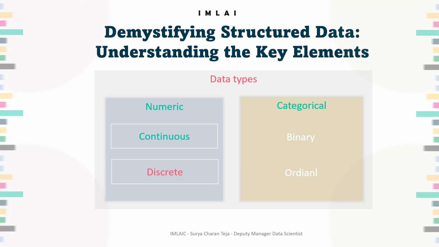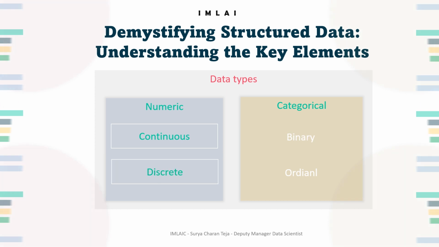And on the other side, we have categorical. Categorical data takes only a fixed set of values, such as a type of TV screen. What are the types of TV screens that you know? Plasma, LCD, LED, etc.